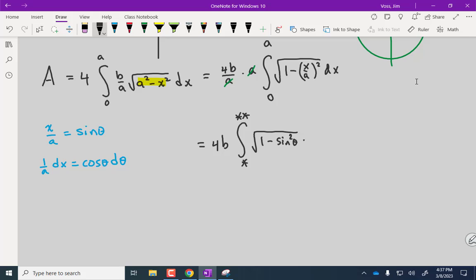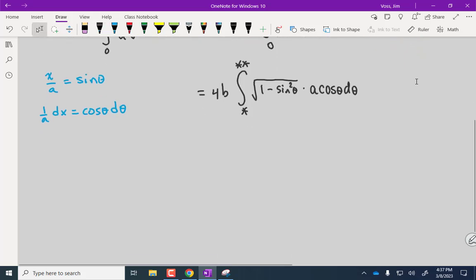And what's dx equal to? A cosine theta d theta, right from here. Multiply both sides by A. So now that A is going to pop to the front. So we get 4AB.